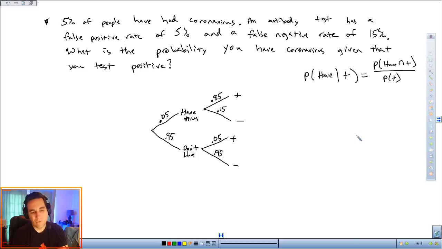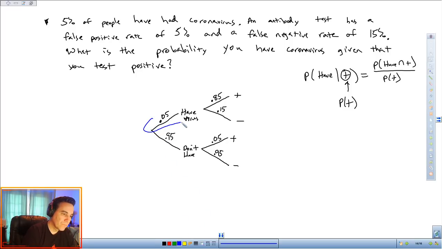But I don't do the formula sheet because that complicates my life and I get lost. So I don't usually do the formula sheet. What I do is find, okay, since this is the given, we need to figure out what's the probability of just getting a positive test.